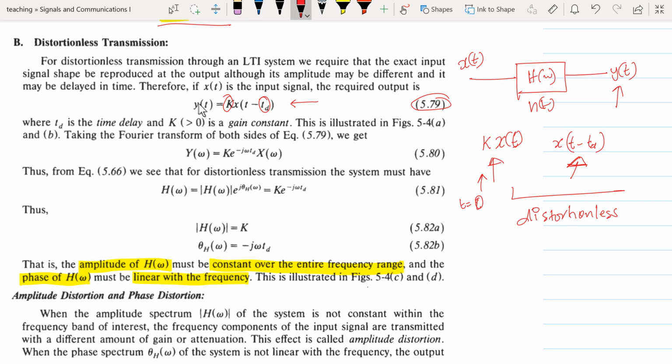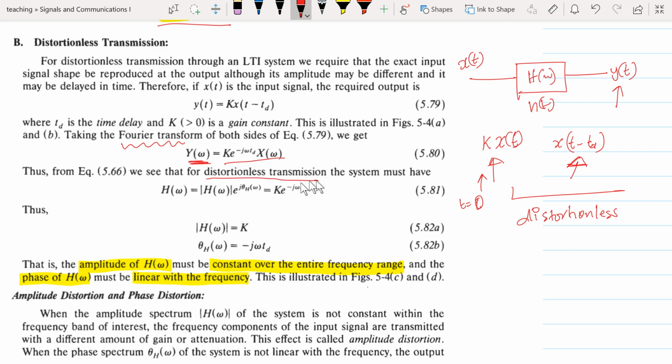We can characterize such a distortionless system in the frequency domain by taking the Fourier transform of equation 579 on both sides, which characterizes our system described by K and td, as you can see in equation 580.